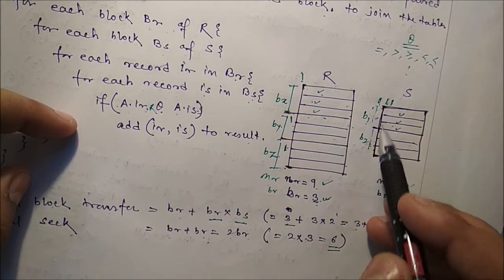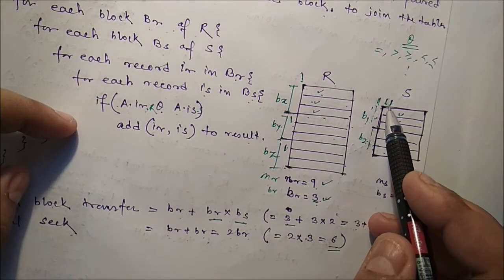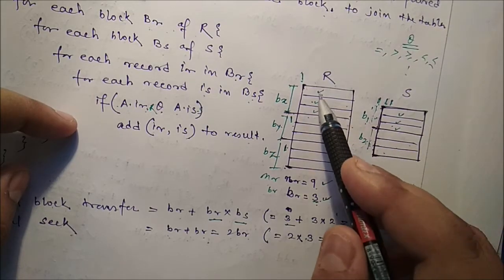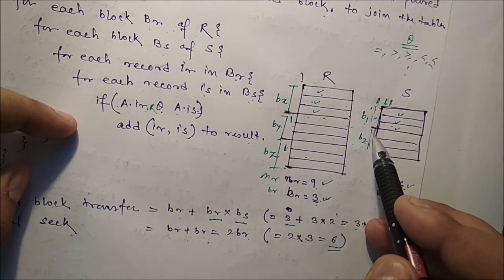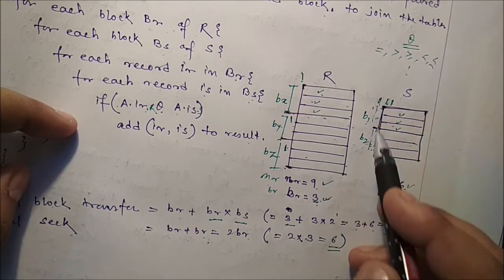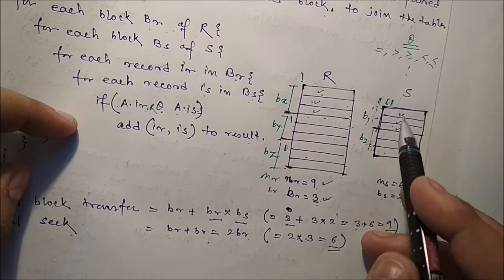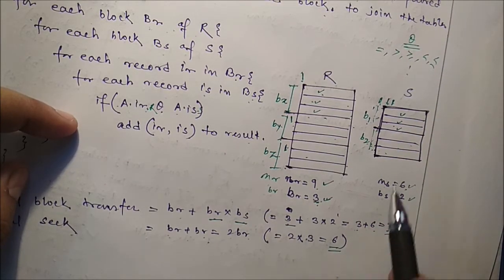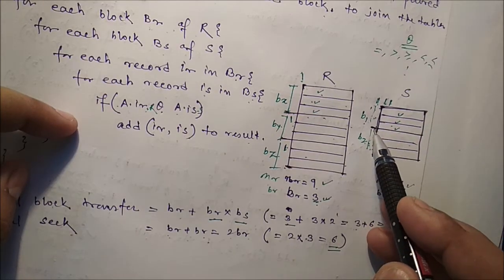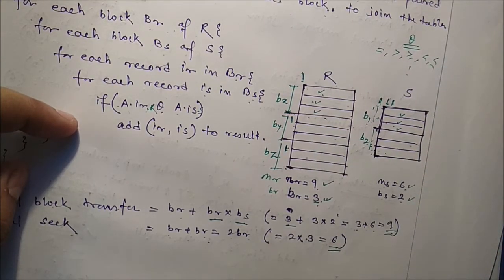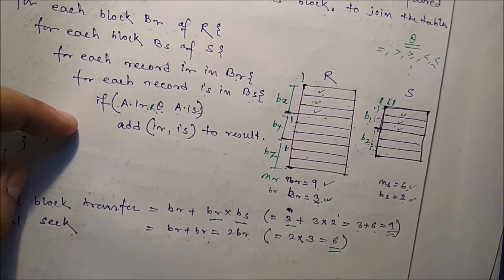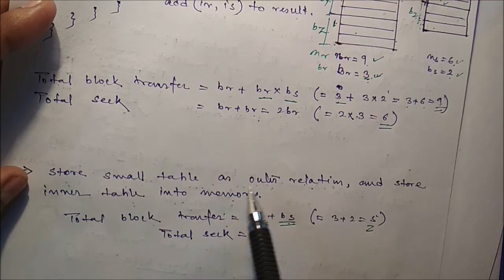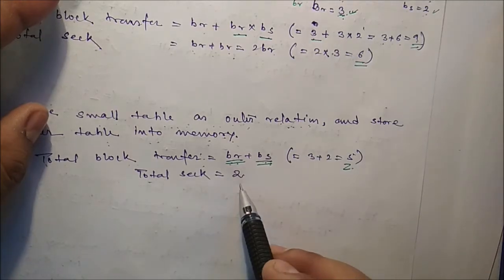And each and every time, we have to transfer this block and then compare with this, and then this block, because right now this is the outer relation, outer table, since the smaller table is the outer relation. That means BS number of blocks we need to transfer. So if it is the case, the total block transfer will be 5. Are you getting this one? So if you store the smaller table as outer relation, the total seek time is 2.